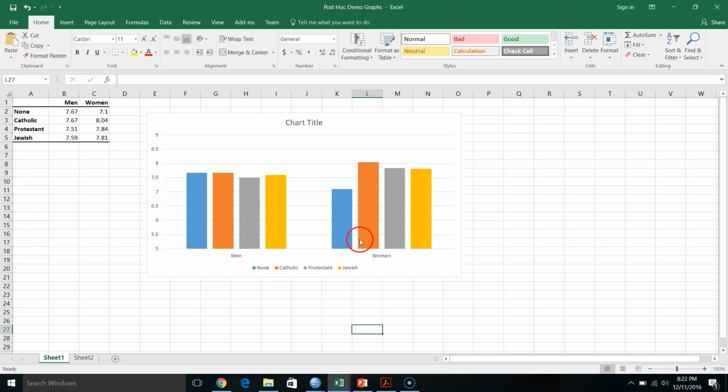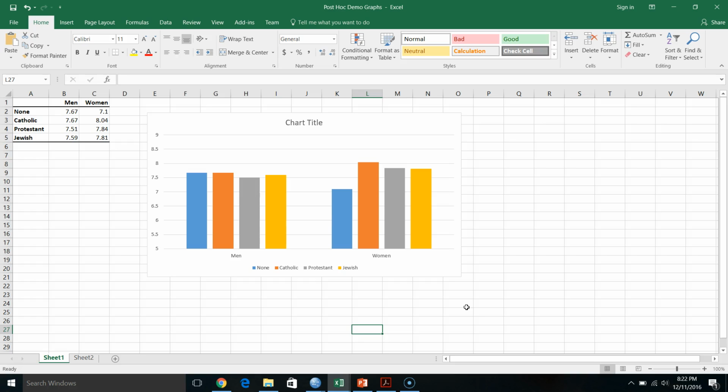We're going to have the same 6 among our women. That's 12. And then we can also compare men and women within each religion group, so 1, 2, 3, 4. So we've got 6 here, and 6 here, and 4 across, giving us a total of 16 meaningful comparisons that could be made in this 2x4 interaction.